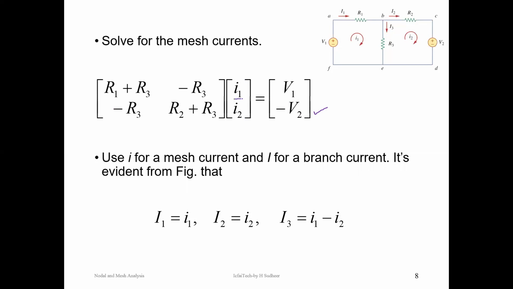Then you can get small I1, small I2. Based upon that, I can determine what is capital I1, capital I2, capital I3. From observation, small I1 is equal to capital I1. Capital I2 is equal to small I2 because the current flowing in R2 is only small I2.